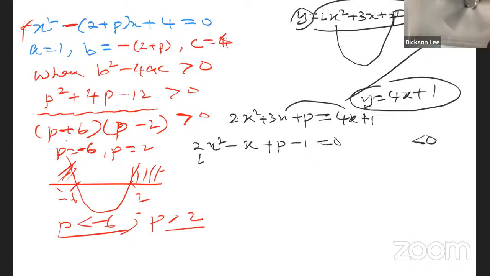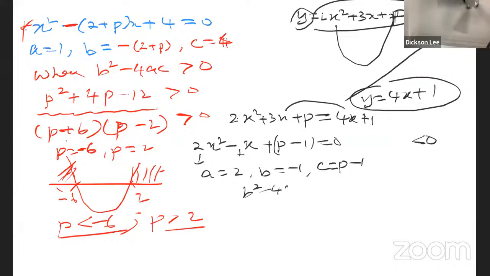So your a is 2, your b is -1, your c is t minus 1. Then you say b squared minus 4ac less than 0. You apply it, and then you get the answer.